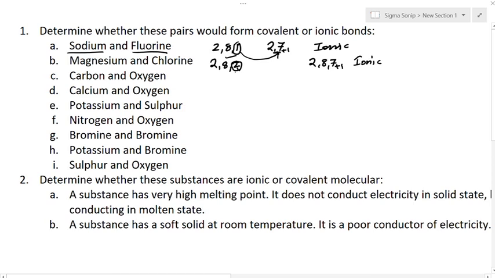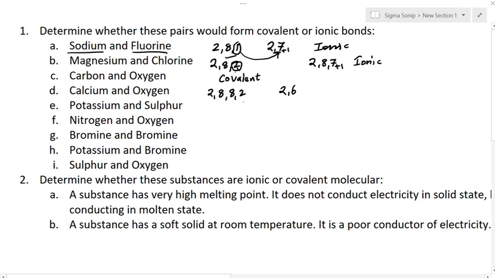Carbon and oxygen, we just saw in the previous video that both of them need to gain electrons, so they will be covalent. Calcium and oxygen: calcium's electron configuration is 2, 8, 8, 2, and oxygen's is 2, 6.